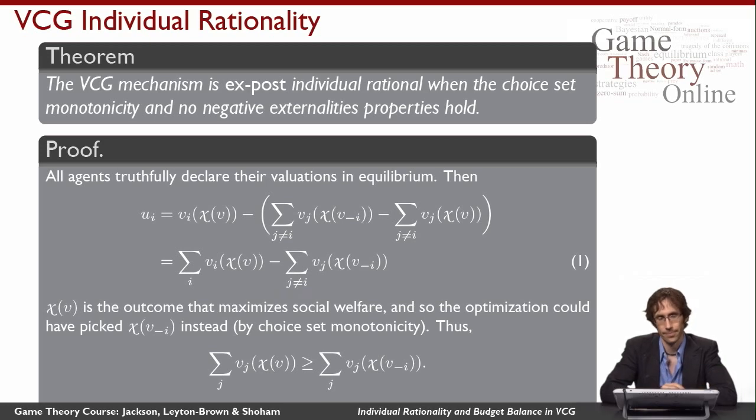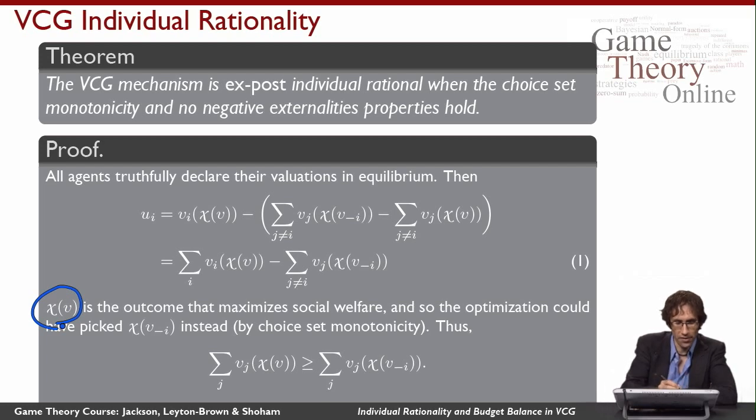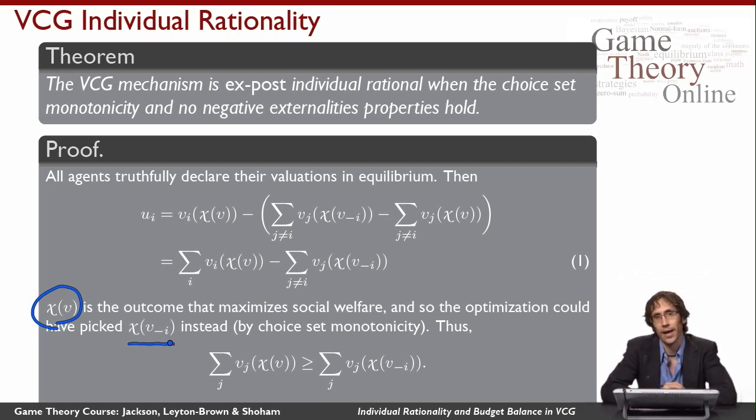Now comes the part where I use choice set monotonicity. So remember that this expression, x of v, is the outcome that VCG chose, which means that it maximizes social welfare. And by choice set monotonicity, this other outcome, x of v minus i, was also one of the available choices when we picked this instead.